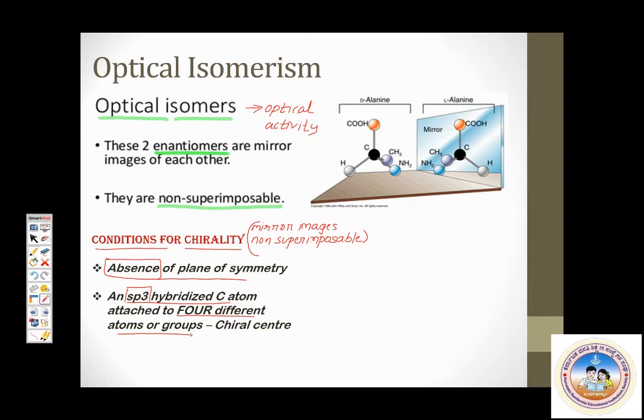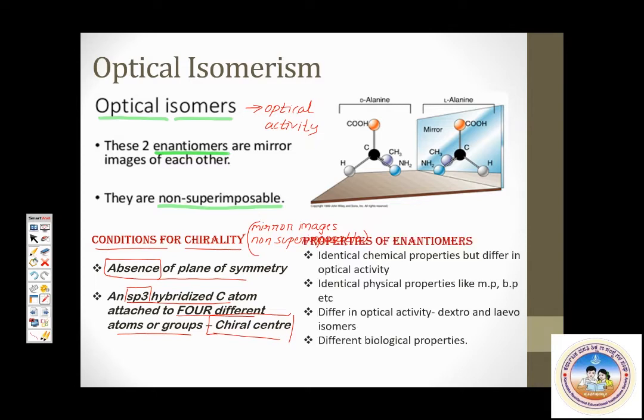Okay, and these are all the important properties of enantiomers. They have identical chemical properties but differ in optical activity, and they have identical physical properties. I told you, they differ in optical activity. If one isomer rotates plane polarized light to the right, the other isomer rotates it to the left.